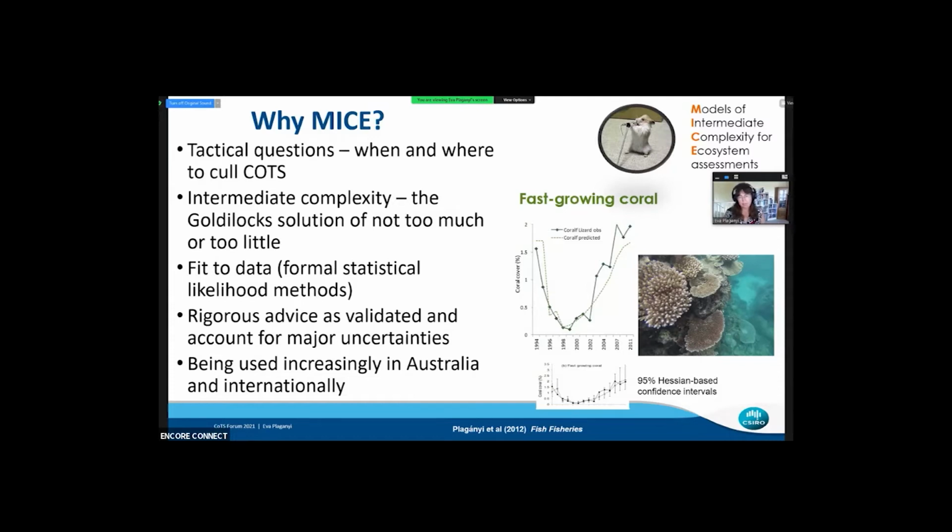So these sort of models are validated models. They're similar to the sort of stock assessment models, if you like, that one might use to give tactical fisheries advice, but they incorporate some additional complex interactions from ecosystems. So they are increasingly being used in both Australia and internationally.